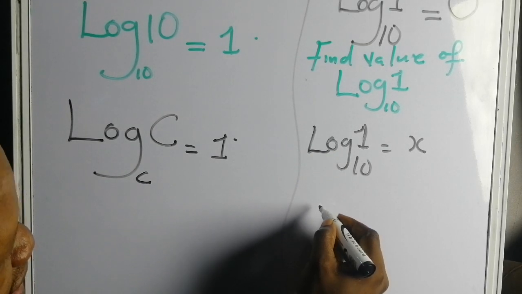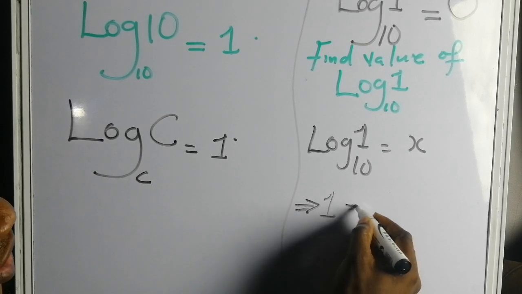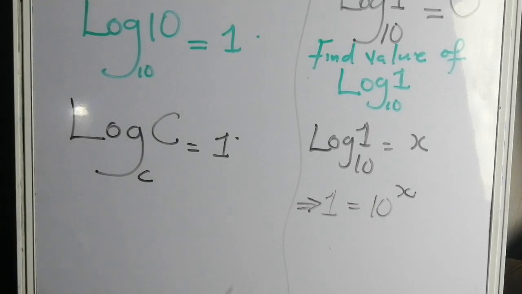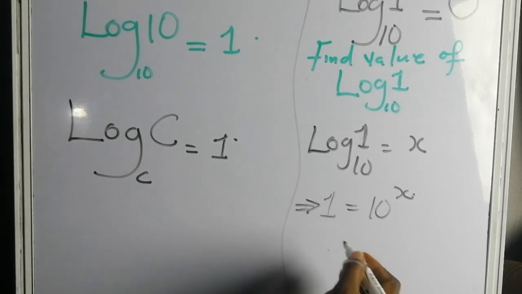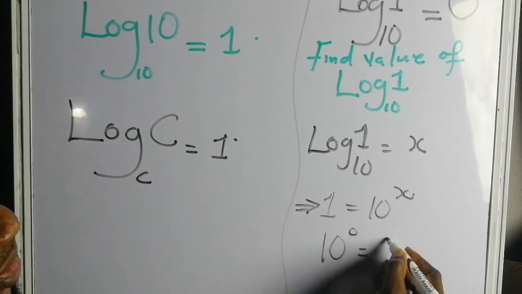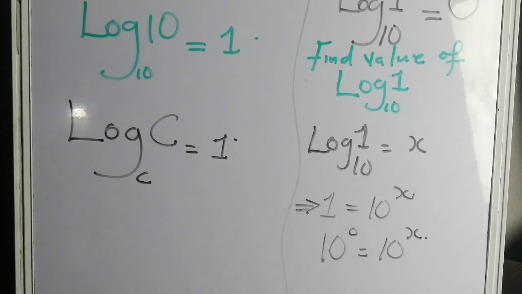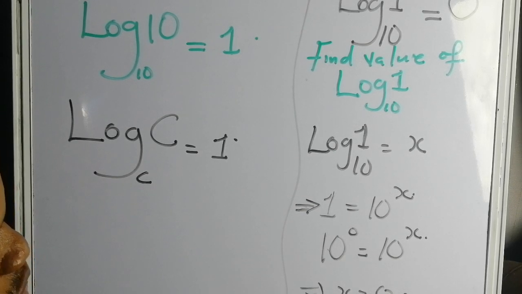This is the same thing as saying 1 equals 10 raised to power X. For me to get 1, I've told you anything raised to power 0 is 1. So 10 raised to power 0 equals 10 raised to power X. Do you see it now? That implies X is equal to 0. Therefore, logarithm of 1 to base 10 is equal to 0.